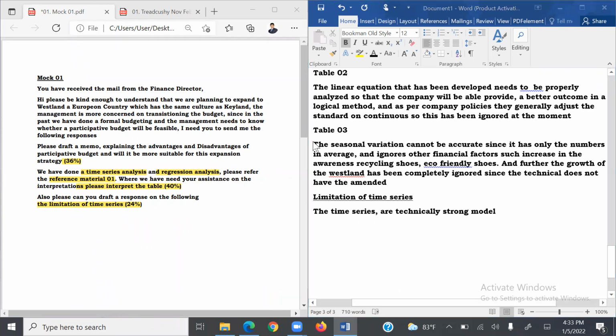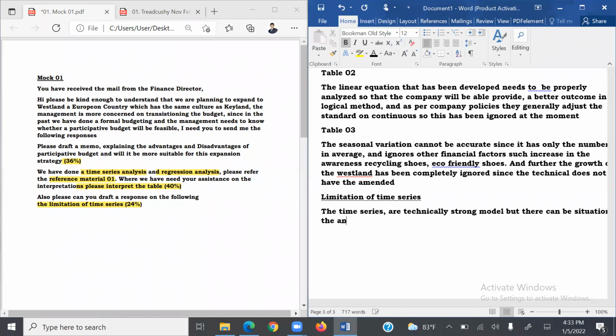Get that point of view very clearly, students. But there can be situations where the analysis will not be accurate, since it does not take into consideration the current challenges.